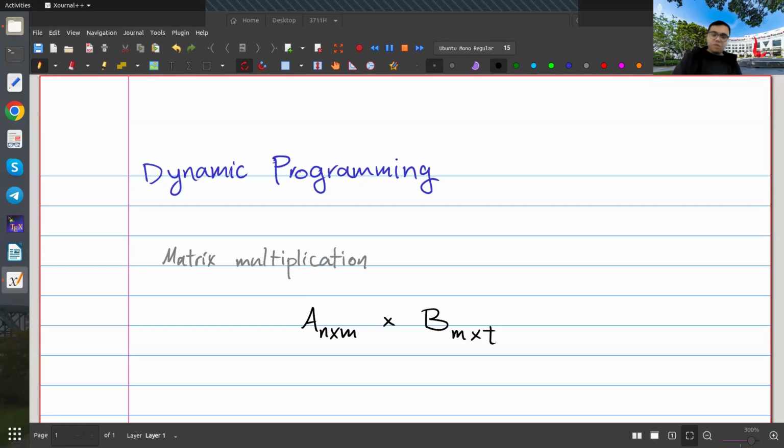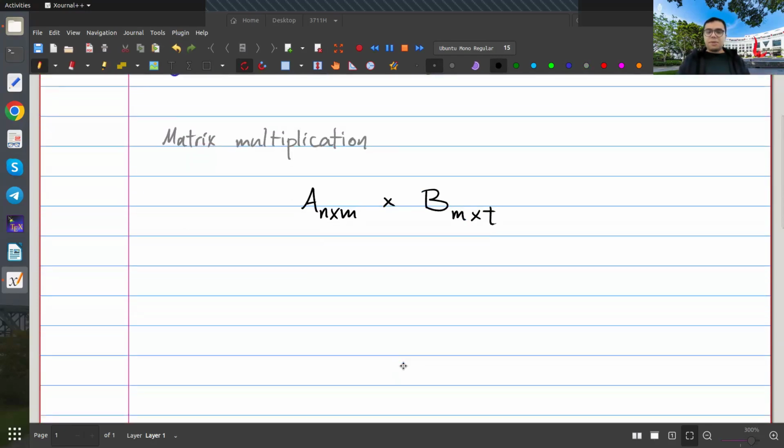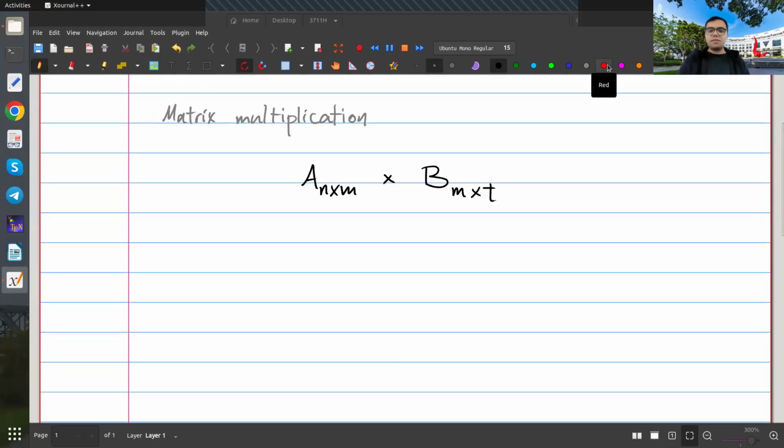Let's imagine that I'm not doing anything smart. I'm not using things like Strassen or so on. So I would just calculate every entry of the result. So let's say the result is C, and of course the result is going to be an n by t matrix.